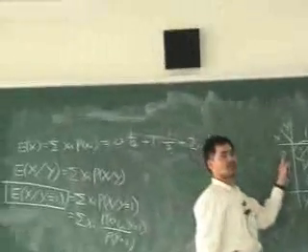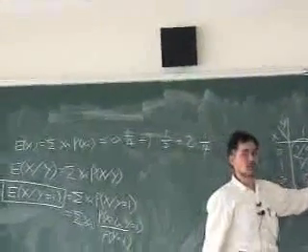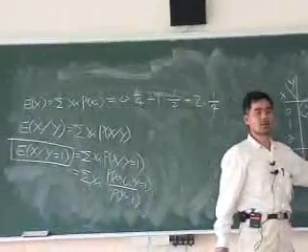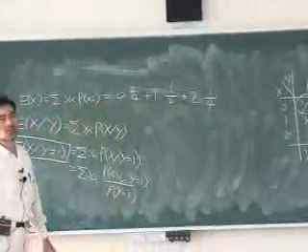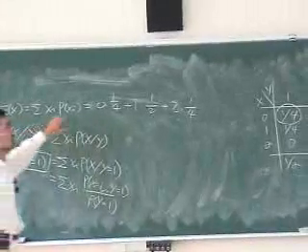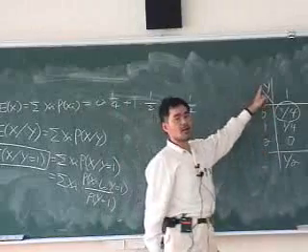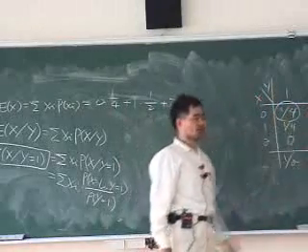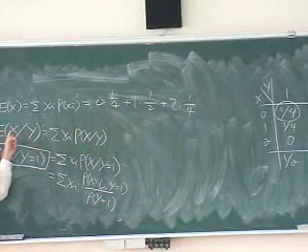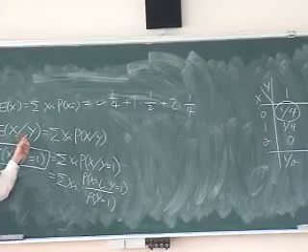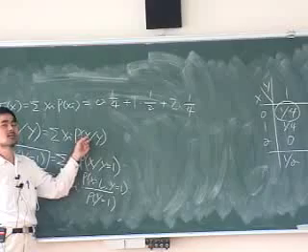So xi times p(xi). Okay, questions? And now we are going to deal with conditional mean. Here, because x has 3 possible values, but y has 2 possible values, we have the expectation of x given y equal to the summation of xi times p(x given y).